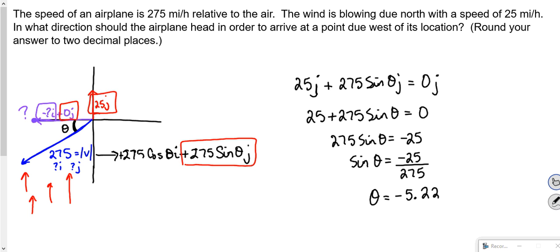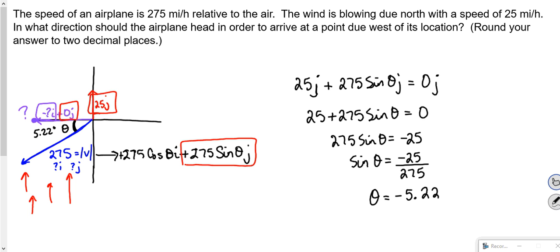Now, if I'd left it positive, then it would have been a positive 5.22. You can kind of see from the picture, it doesn't really matter. This theta right here is 5.22 degrees. It's negative because it's going down, but whether your theta is positive or negative, you can tell from the picture what it is.